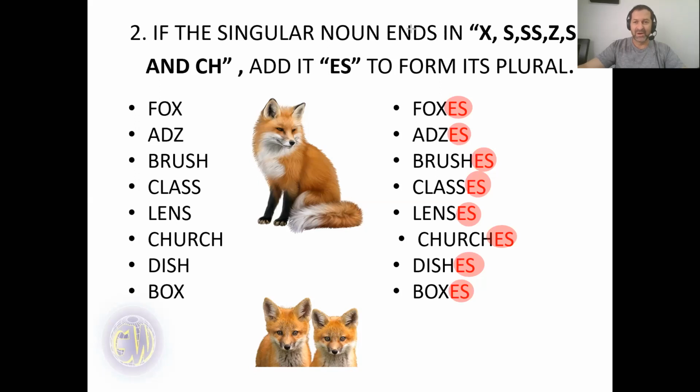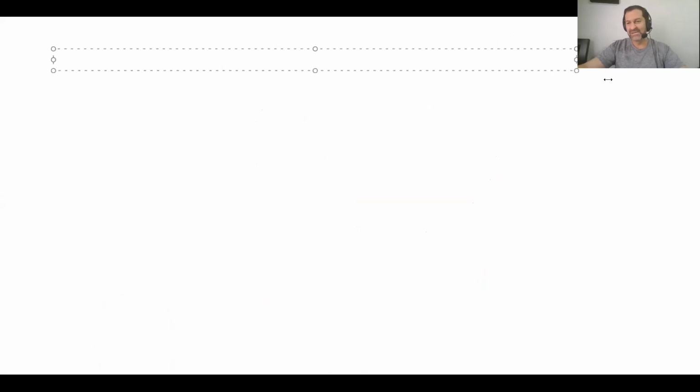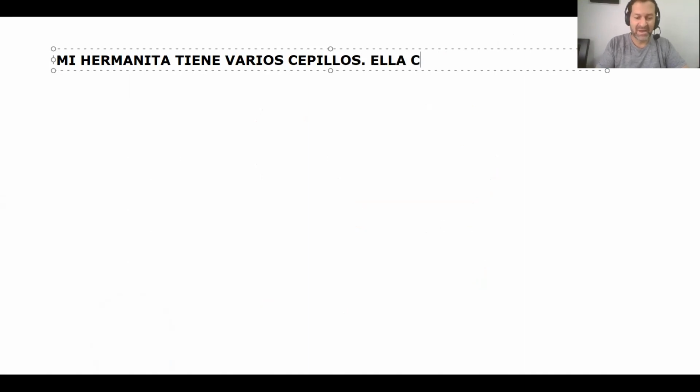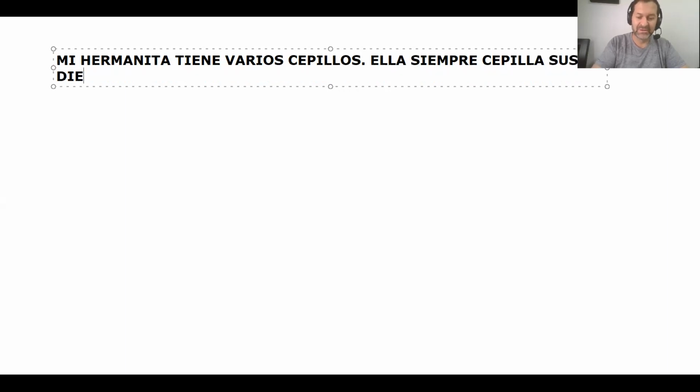In the same order of ideas, I have to do something here to explain the way this works. So I'm going to share my board, okay, and I'm going to write, as I told you, a couple of sentences in Spanish. So while I'm writing, try to translate. What about if I say this? Mi hermanita tiene varios cepillos. Ella siempre cepilla sus dientes.